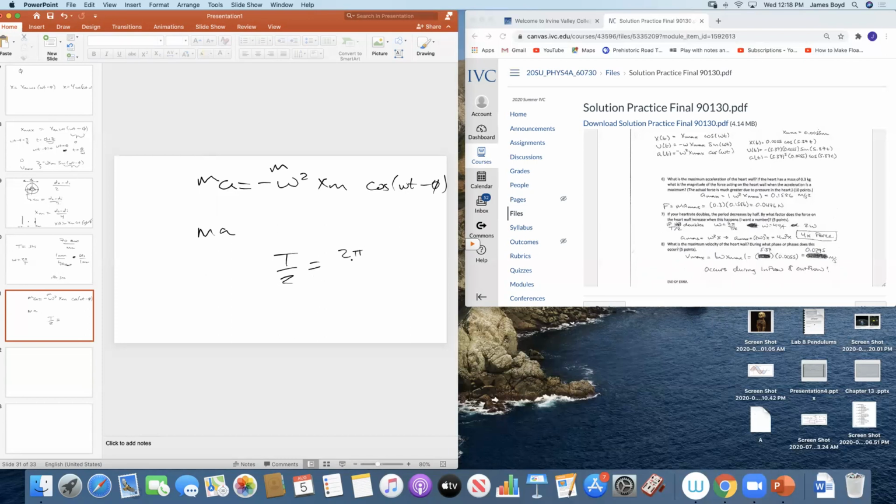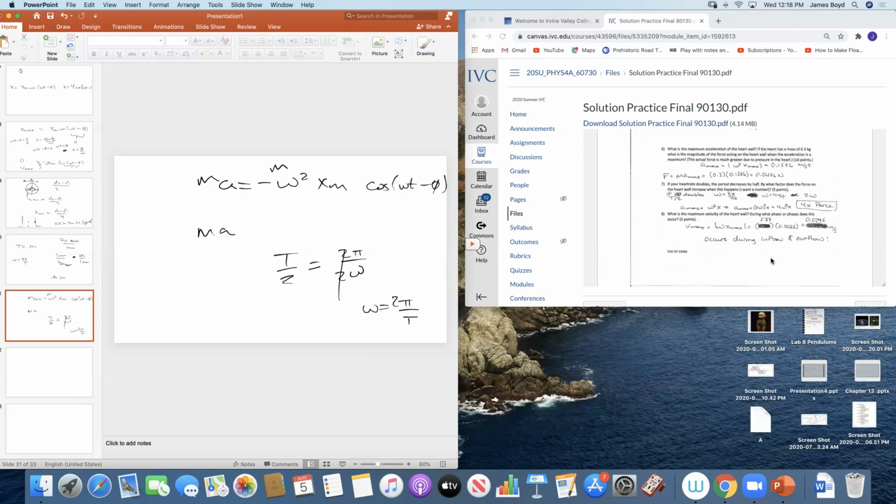This is equal to 2 pi over omega times 2, which means that your omega doubles. And if your omega doubles, since it's squared, the force is 4 times greater. The force on your heart is 4 times greater if your heartbeat doubles. Okay, that's all this is trying to get at.